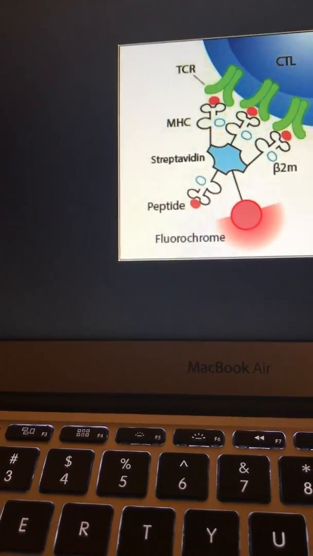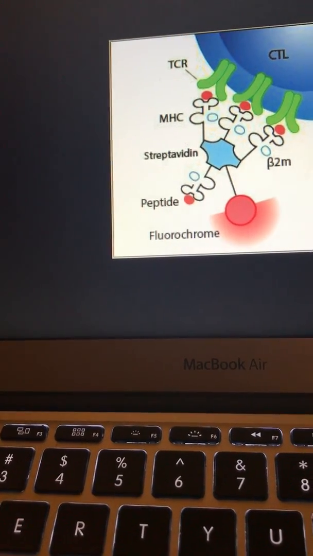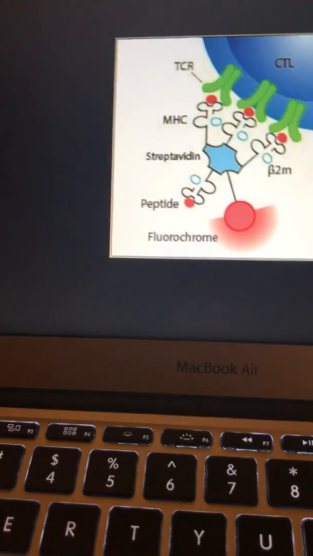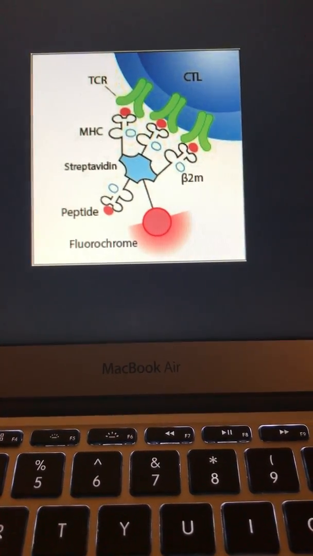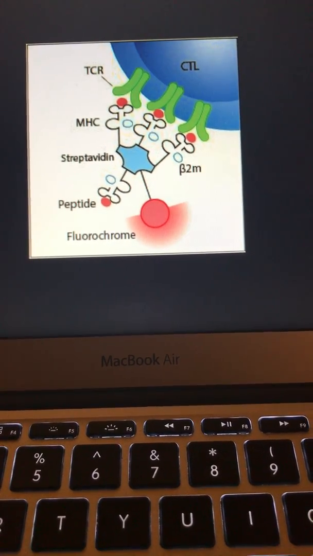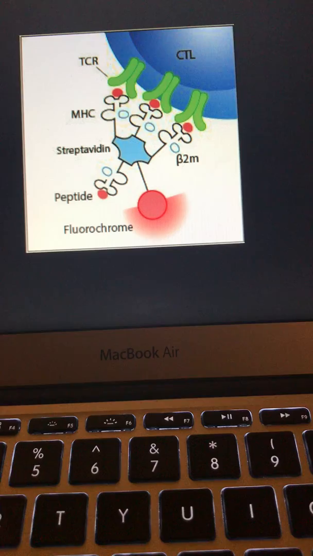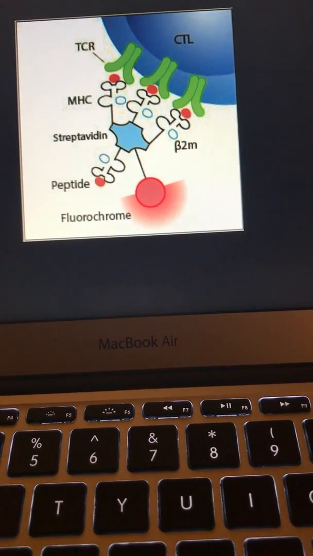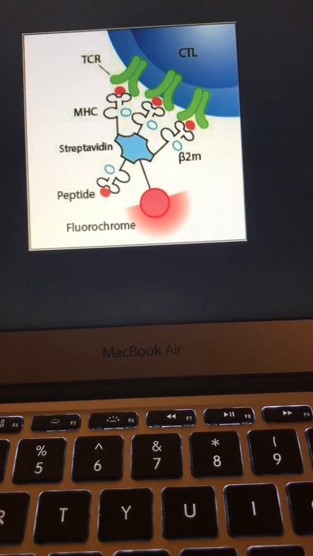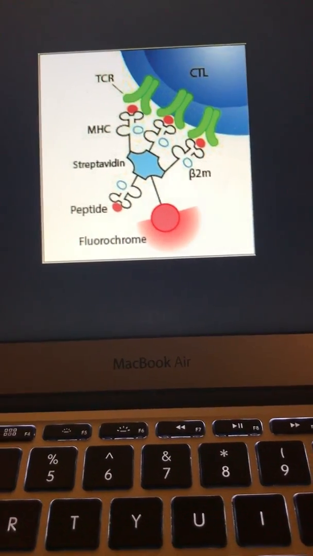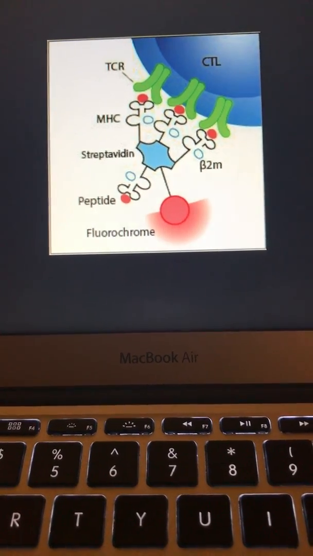It enables the MHC peptide tetramers to be used as a detection tool. The MHC tetramers are labeled with fluorescent molecules, and I believe there are 3, and excuse me if I butcher these names.